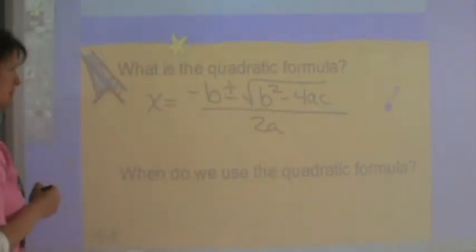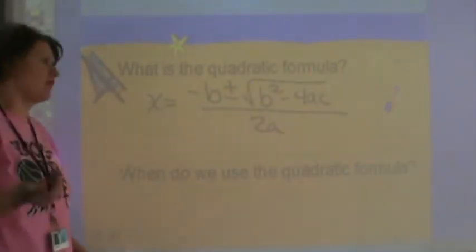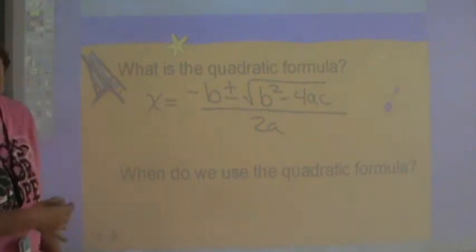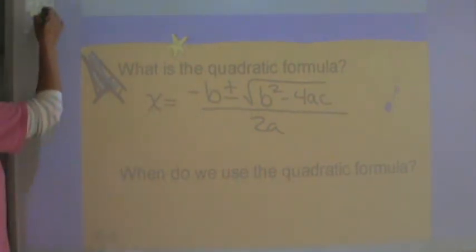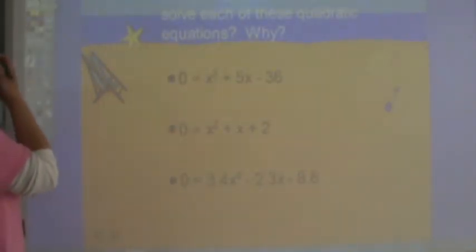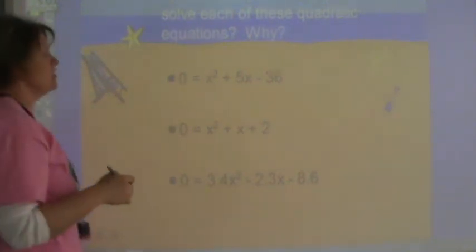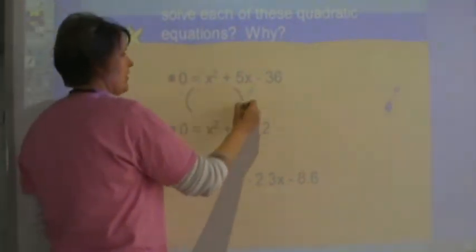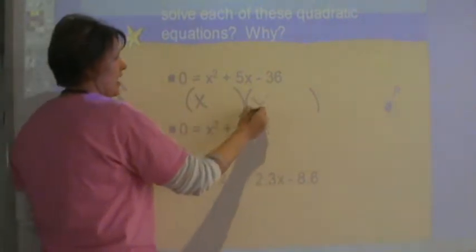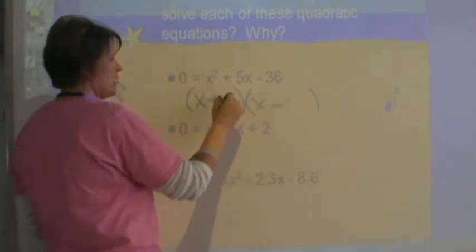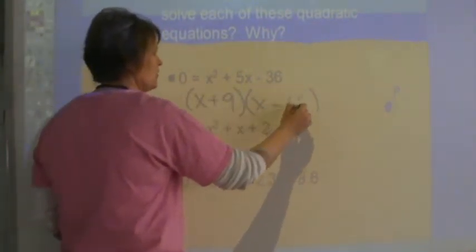Okay, so when do we use the quadratic formula? That's when we get something that's unfactorable or it's hard to factor. Okay, so which method would you use to solve each of the quadratic equations and why? Well, on this one you'd probably just factor, because it'd be plus 9 minus 4.